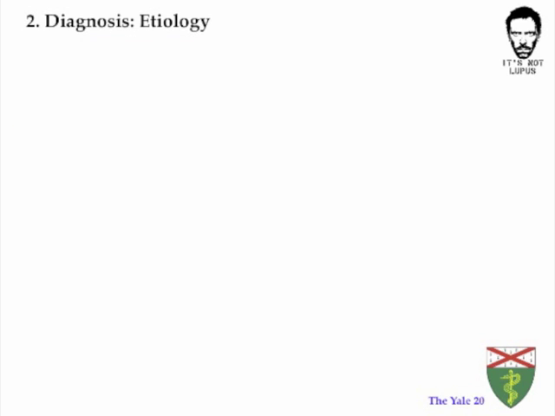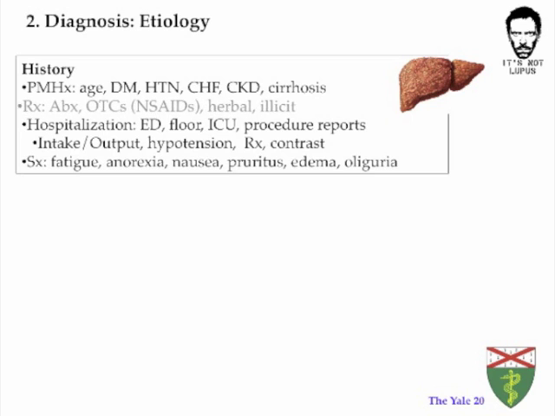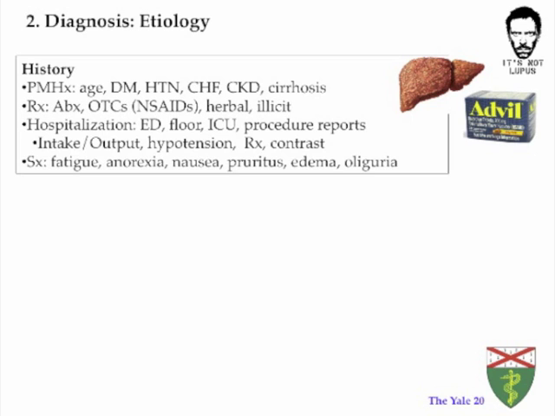So now the detective work begins, and the importance of a history and physical cannot be overstated. In addition to clarifying chronic diseases like diabetes and cirrhosis, it's also important to obtain pre-hospital medication lists like antibiotics, but also over-the-counter medications like NSAIDs.